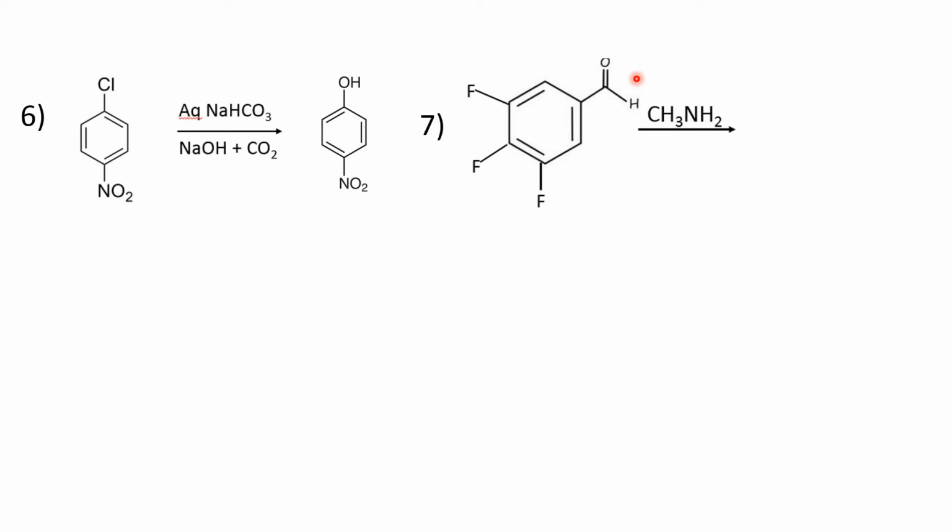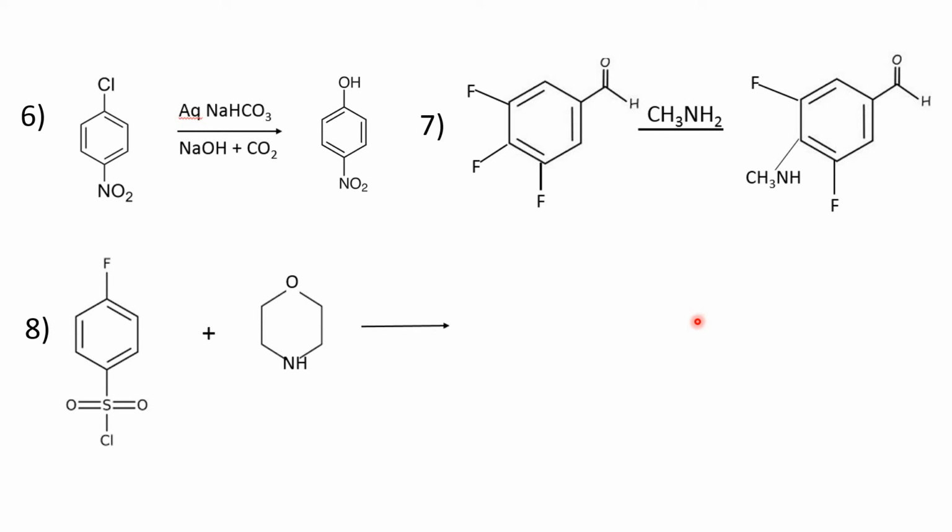Here this aldehyde group cannot stabilize the carbanion by resonance participation when the leaving group is in the meta position. So therefore, this para position fluorine will be substituted. So we will get this product.